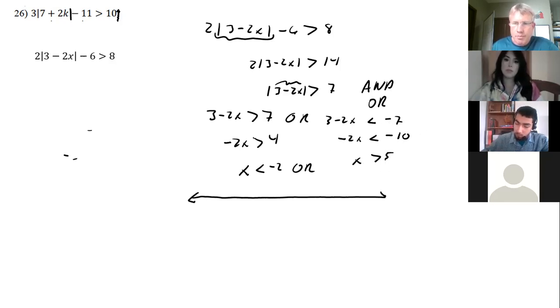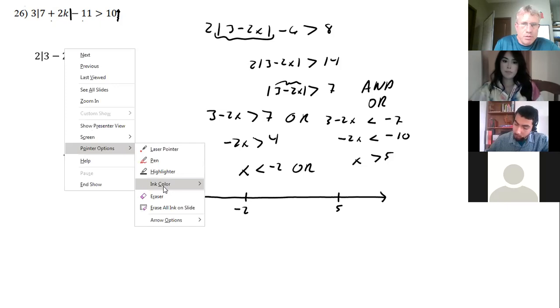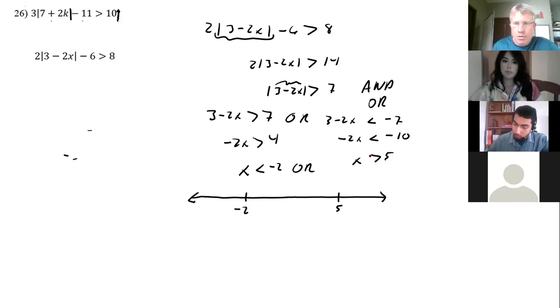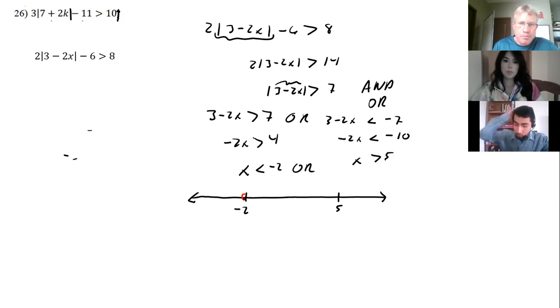Okay. So the boundary numbers are going to be -2 and 5. And then we need to ask the question: are the boundary numbers included or not included? Not included, because there's no equal to. So they're an open circle instead of a solid. And to be greater than 5, I need to be going this way.